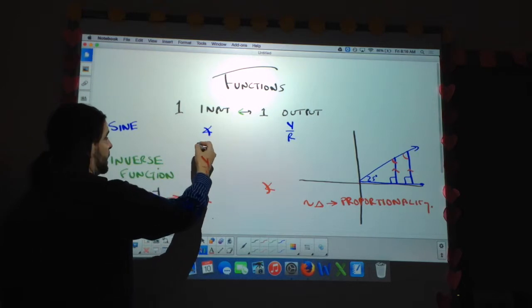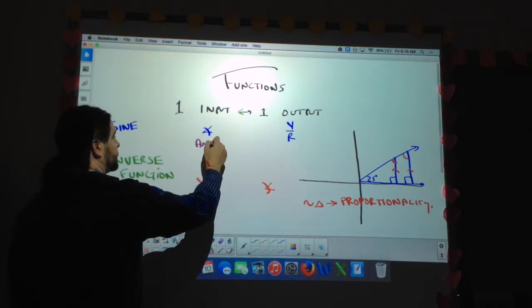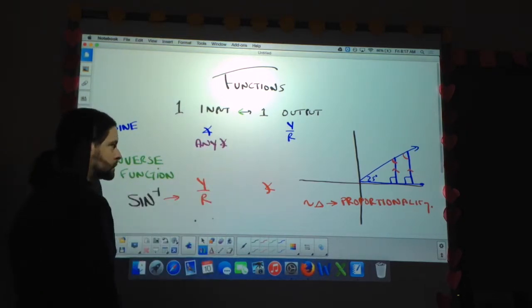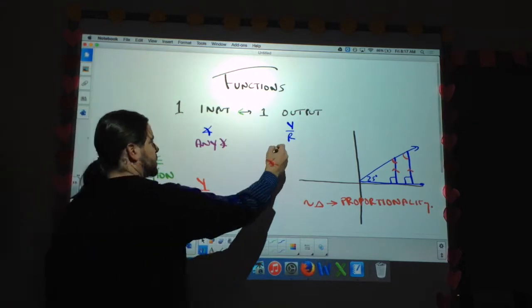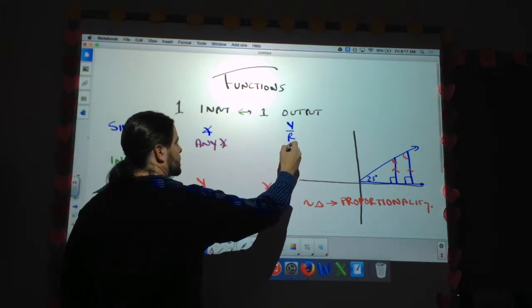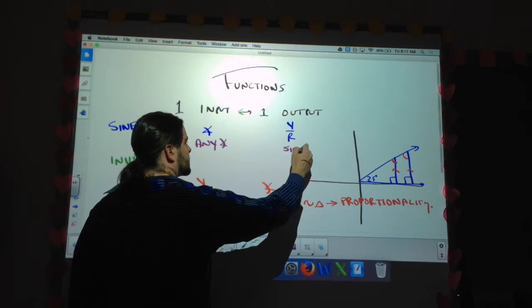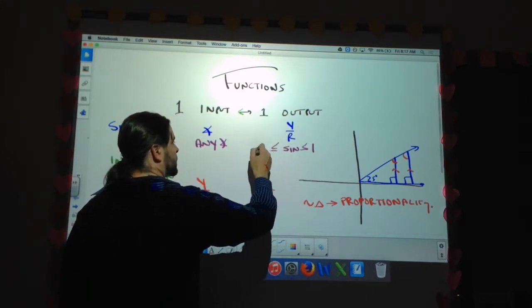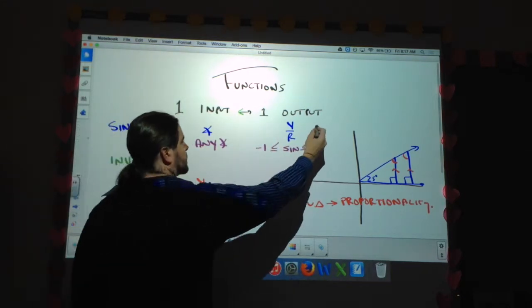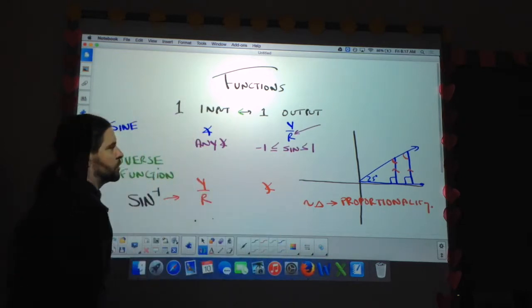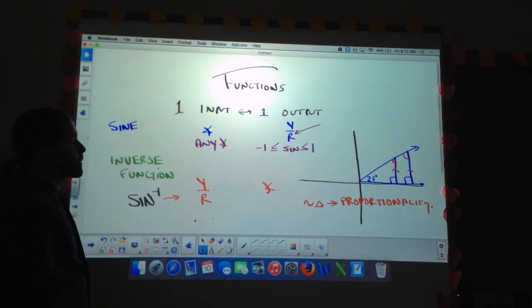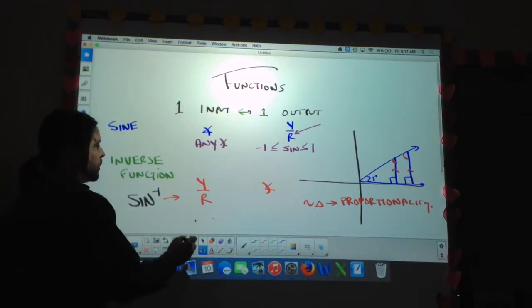The domain here is really any angle, and the range is that sine is less than or equal to 1 and greater than or equal to -1, because the hypotenuse of a triangle is always the biggest.